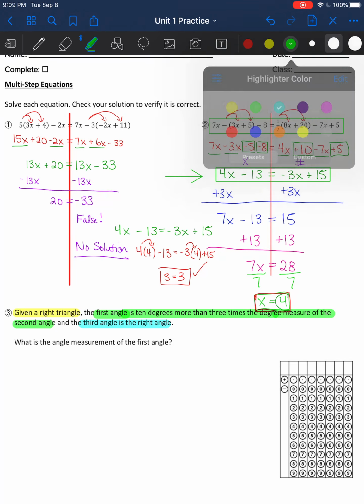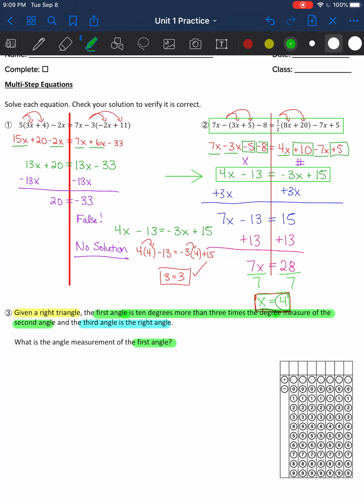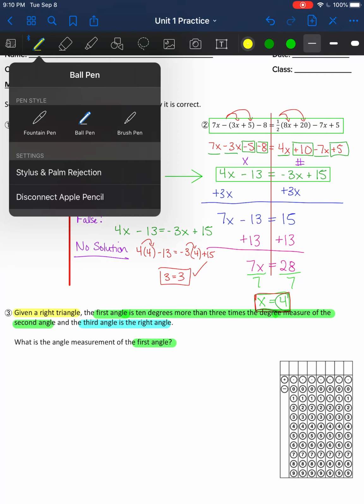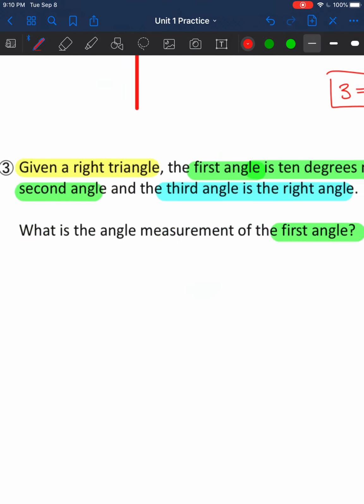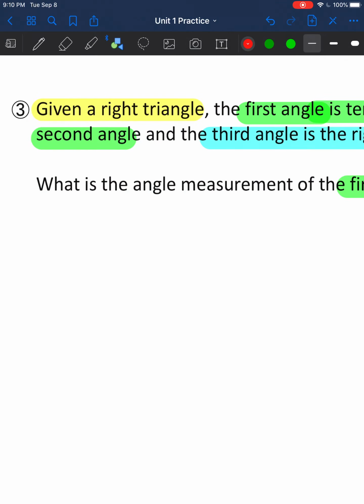So, there's a lot going on here. I know that we're given a right triangle. I know a right triangle has a 90-degree angle in it. So it looks something like this.